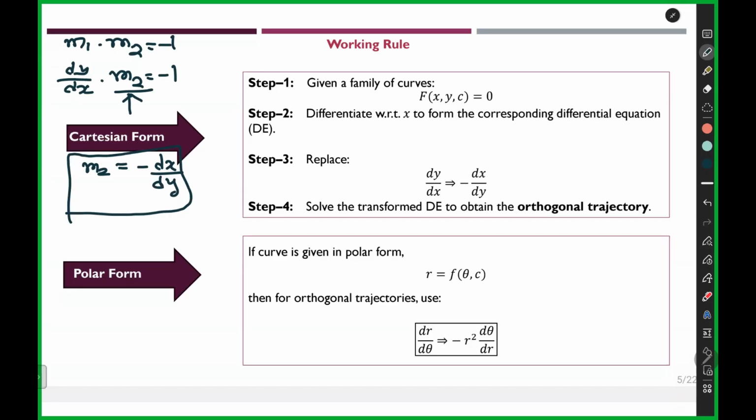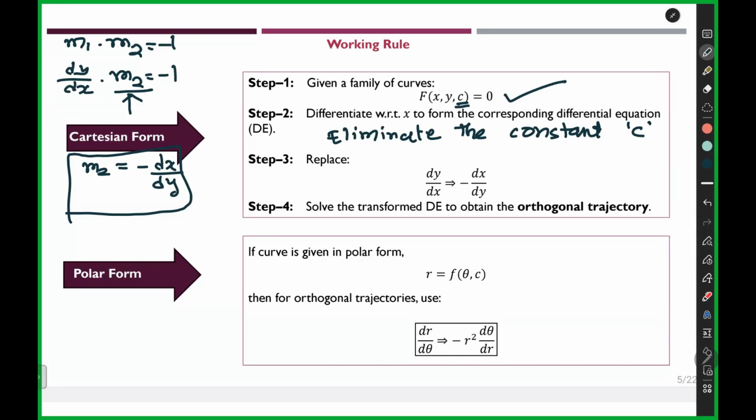So if we are given a one-parameter family of curves f(x, y, c) equals 0, where c is some constant, we differentiate with respect to x to form the corresponding differential equation, and we eliminate the constant c from the equation.